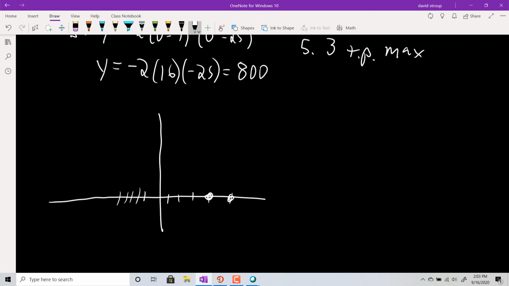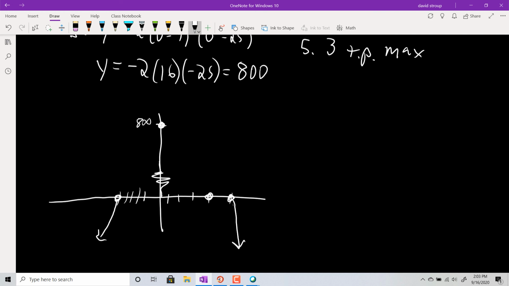We have something way up at 800. So let's just cheat a little and say this is 800 up here. So that's the y-intercept. And then the behavior, it's coming in this direction, and it's coming out, it's a sad face behavior. Right?